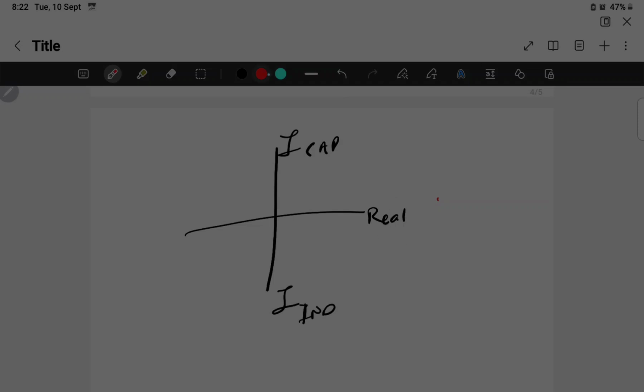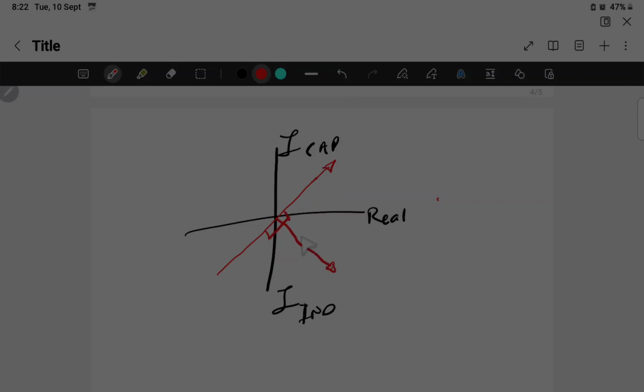Something that might throw students off is if I am given current, right? For current, it's kind of inverted. The capacitor is on top and the inductance is at the bottom, and this is the real. What will throw students off is that they would overlay the voltage as well, on the capacitor.